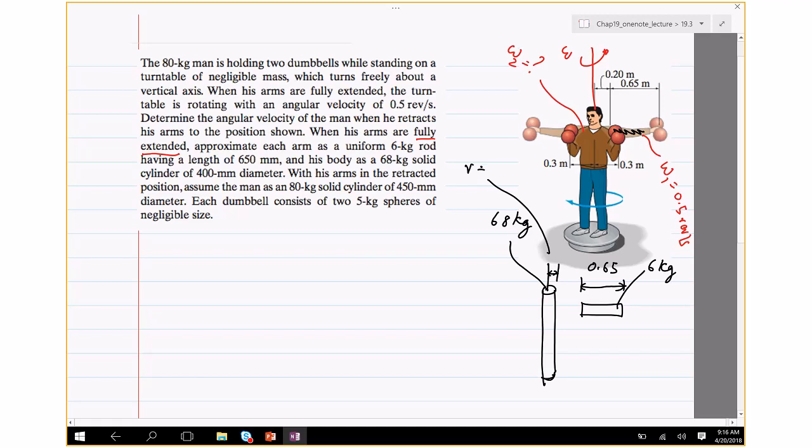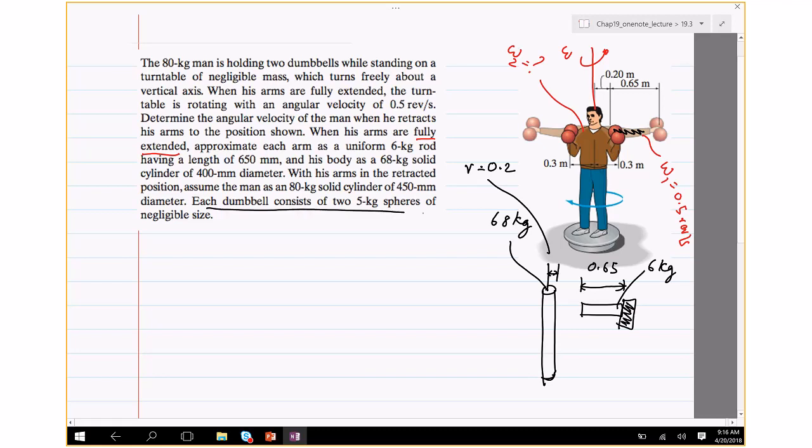The diameter is 400 mm, so the radius is 0.2 meters. Of course, this doesn't give you the dumbbells, so I need to put the dumbbells here. The dumbbell is right here. We assume that those are point masses.